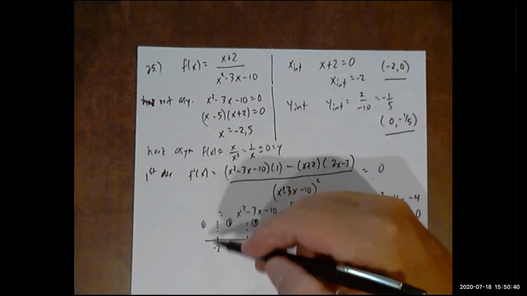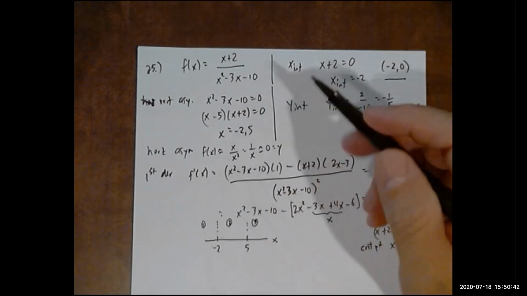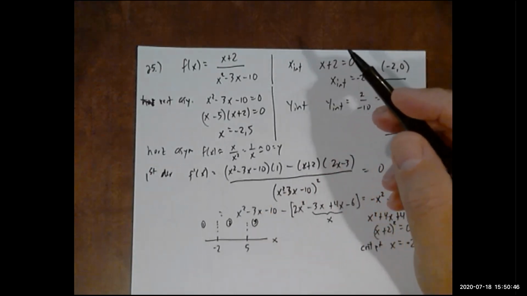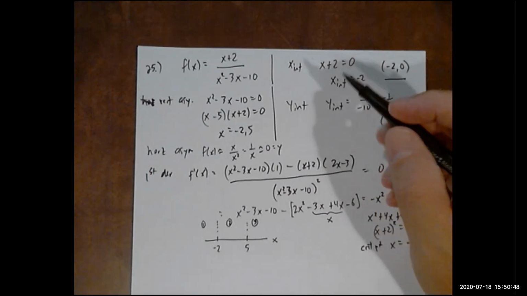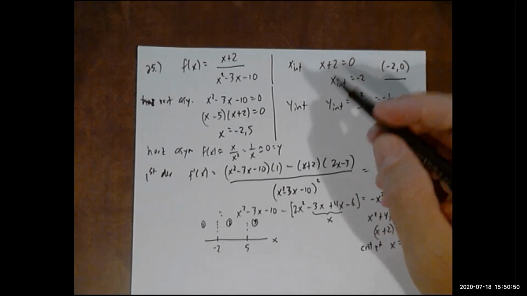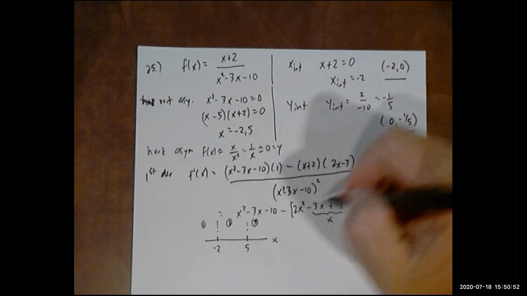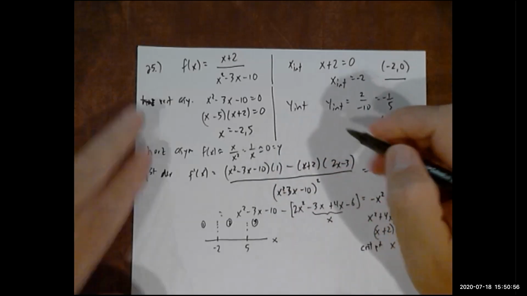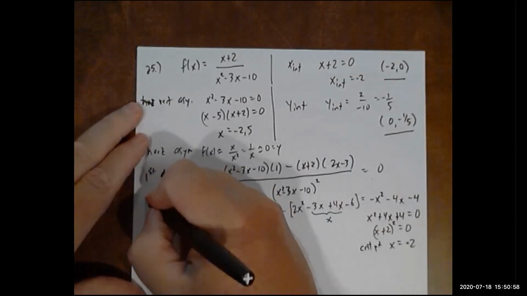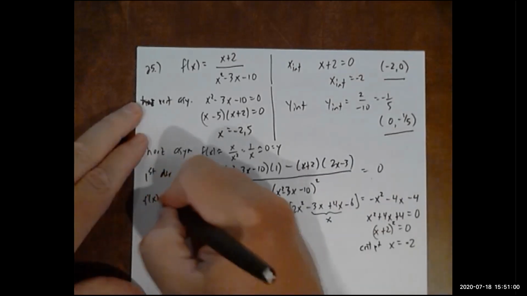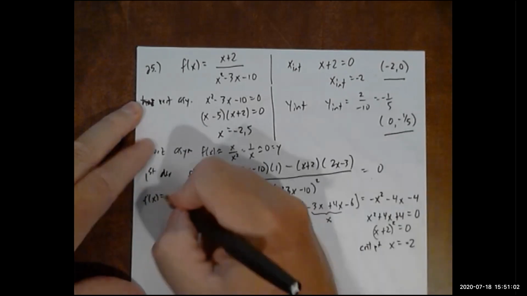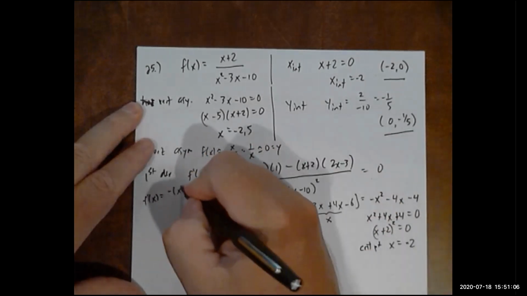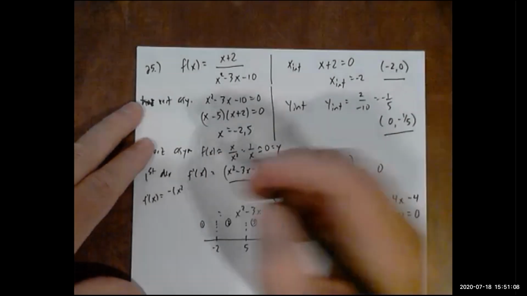So region 1, if I pick like negative 3, oh, see, the first derivative is sort of messy because it's this whole thing. Here's the numerator.